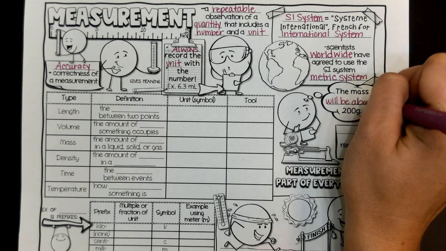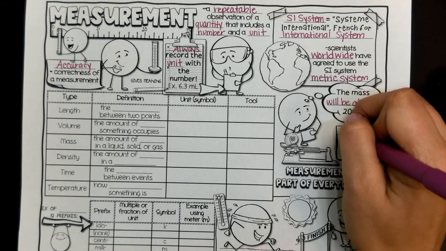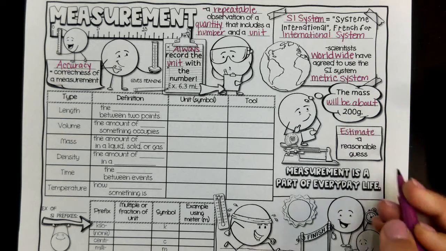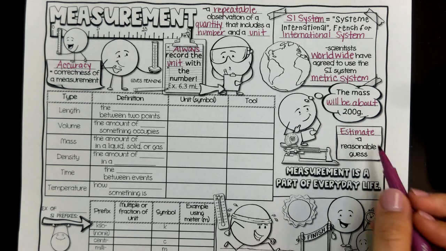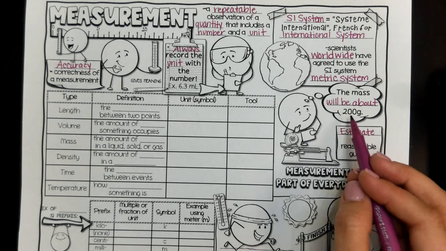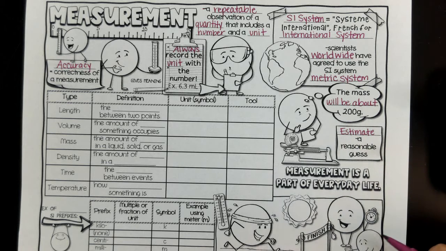So that's an estimate. It's not exact. All right, so this little section of the notes over here is just reviewing that an estimate is a guess. So instead of just saying the mass is or the mass equals 200 grams, if you say the mass will be about 200 grams, that's an estimate. And we will practice doing that this week as well.